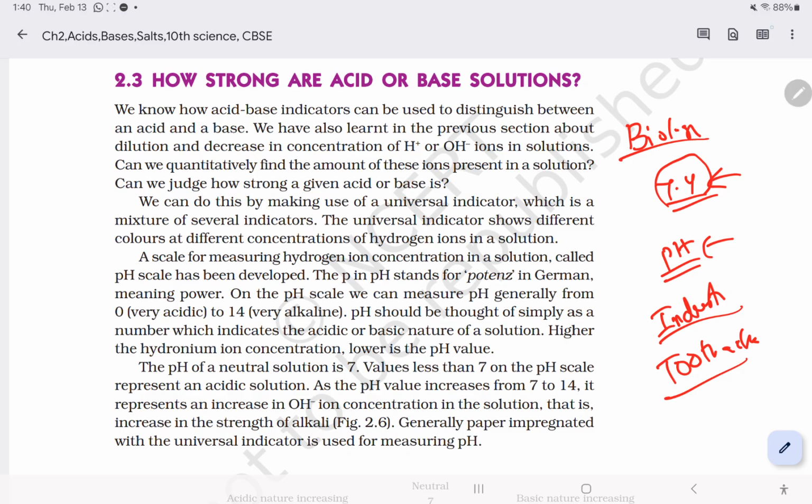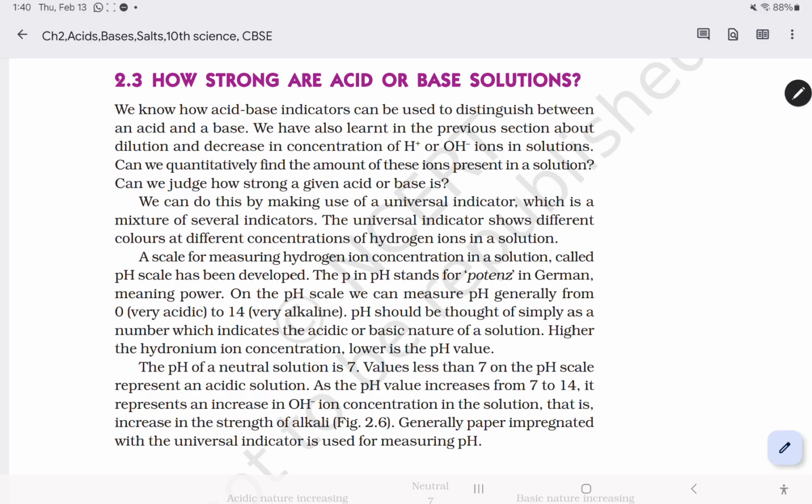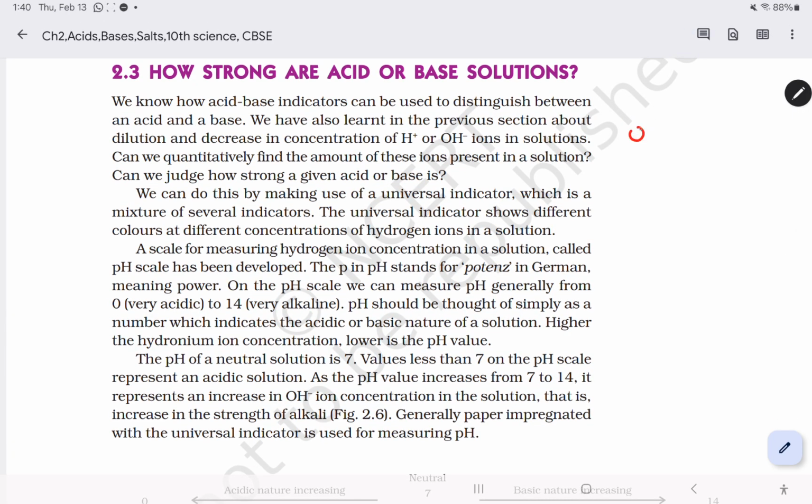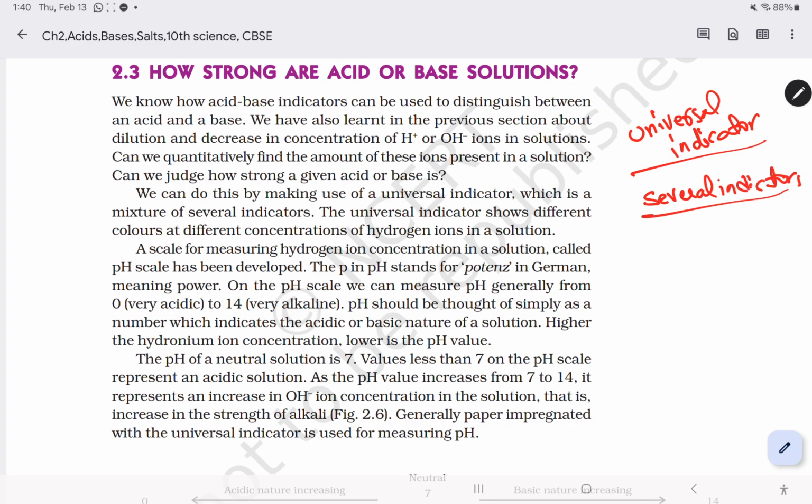Here I would like to mention the universal indicator. It is also mentioned in your textbook. What is this? A universal indicator is a mixture of several indicators. Several indicators are mixed to form a universal indicator, which shows different colors at different pH values.